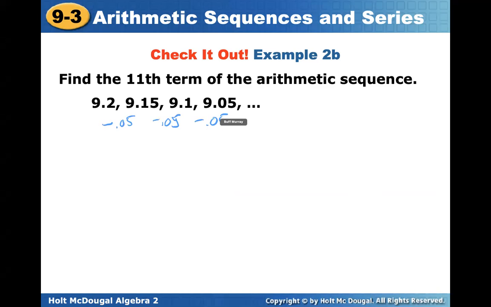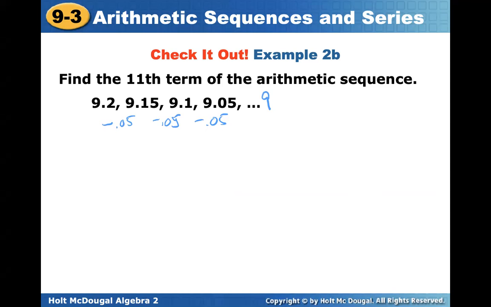I think so, right? What would be our next term? It'd just be 9, wouldn't it? Yeah. So this is definitely an arithmetic sequence, right? It has a common difference of -0.05. Okay.